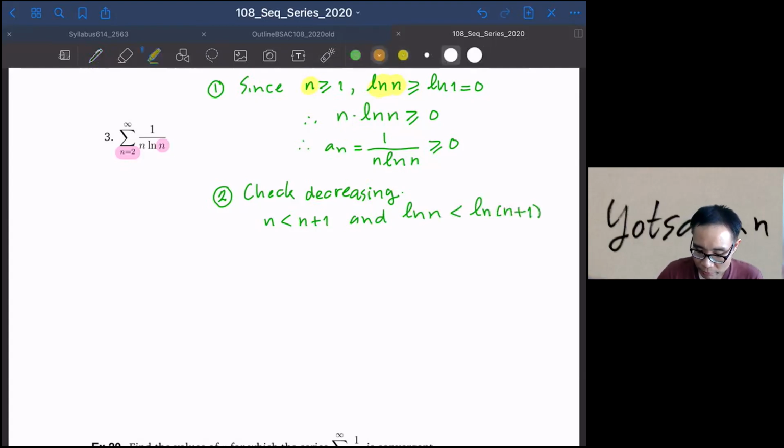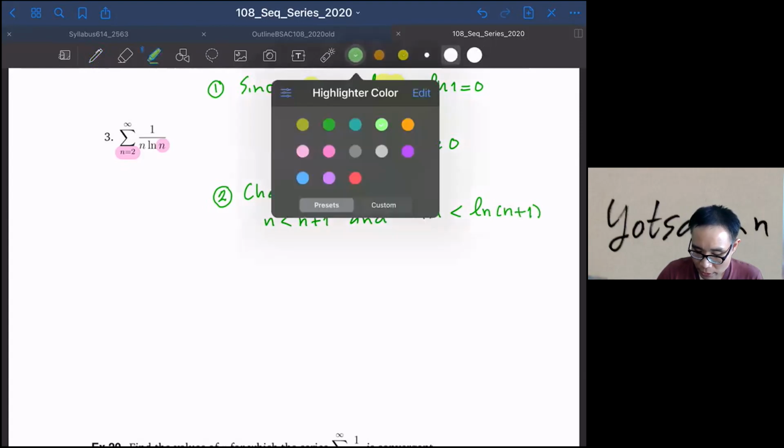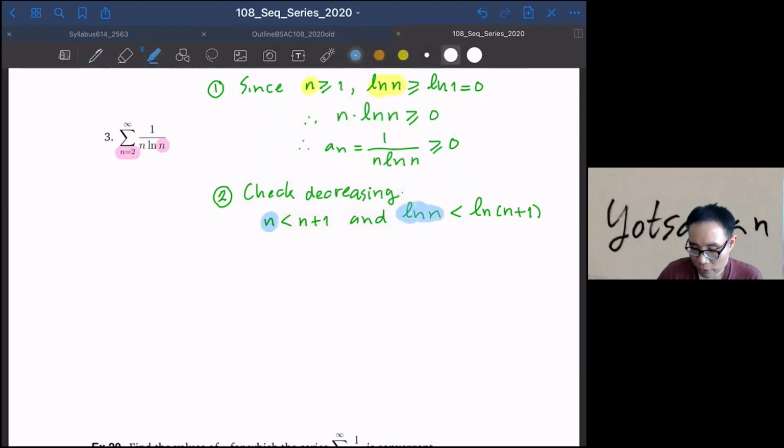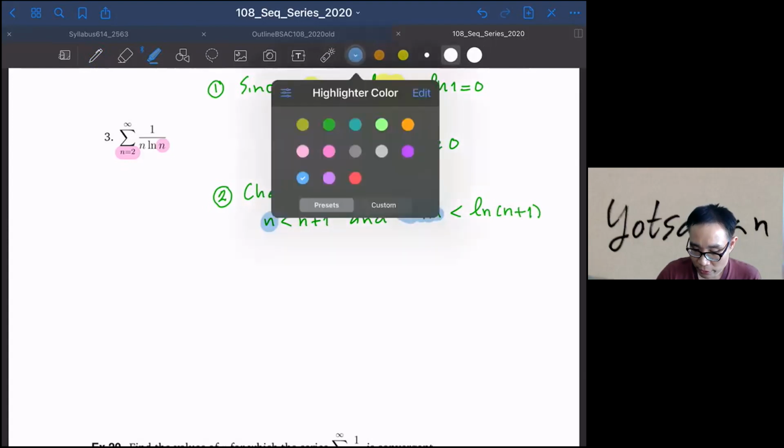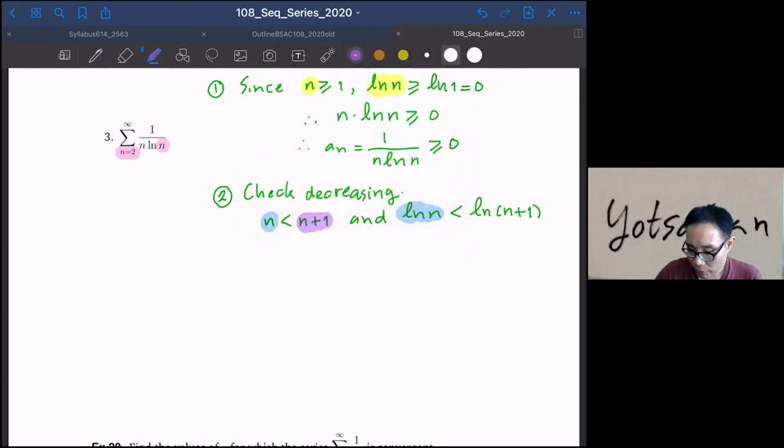So from this step, you have this guy multiplied together and this guy multiplied together. You have the blue guy multiplied with the blue guy, and the purple guy multiplied with the purple guy. So you get n log n less than n plus 1 log of n plus 1.